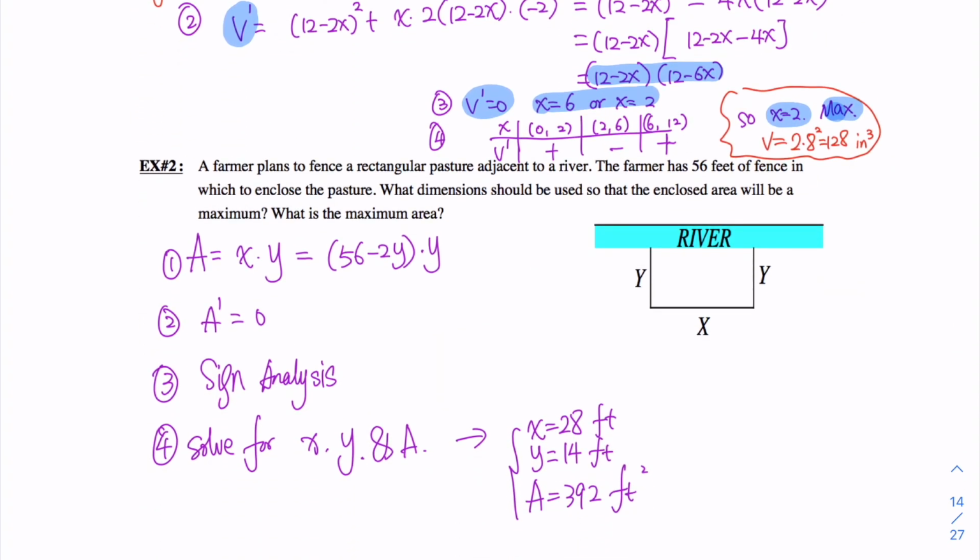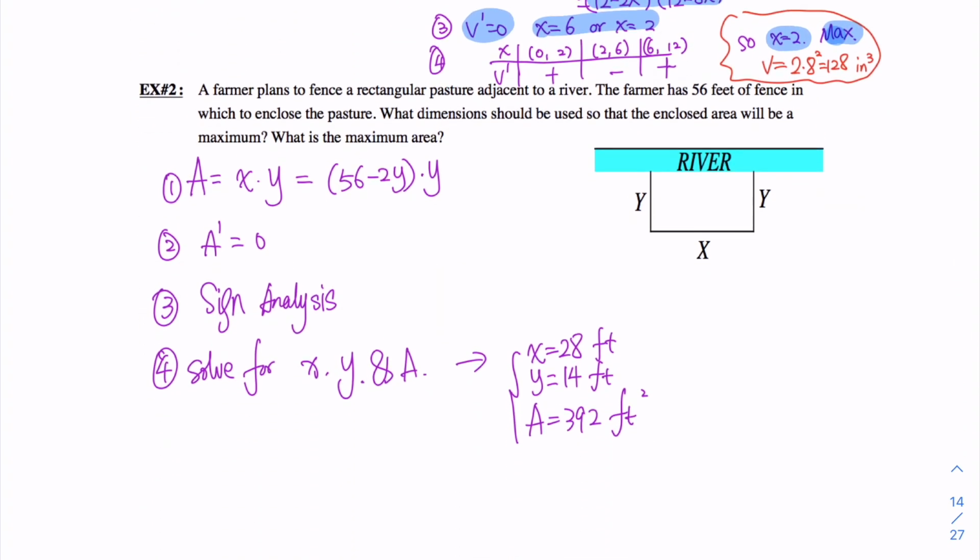Example 2: what dimensions are we looking for to maximize the area here? If you look at the dimensions of this rectangle, we have 2 variables, x and y. So the area for this part will be x times y. However, in Calculus BC, we have to express the function using one variable only. So we have to find a relation between x and y using the given condition, 50 feet.